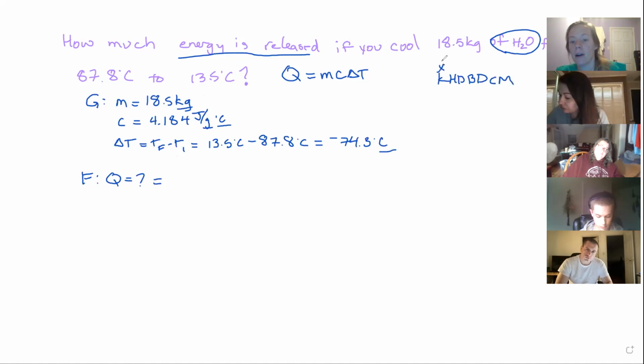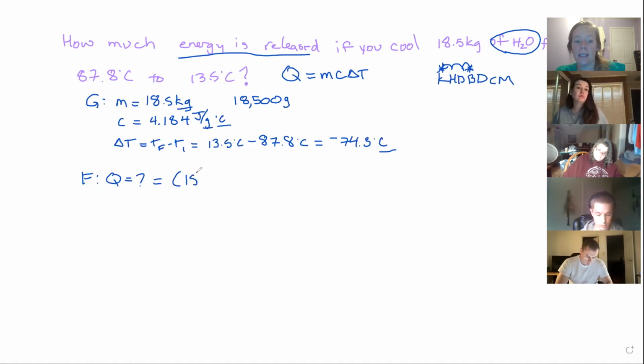We're starting at a kilogram. We want to go to the base unit of a gram. So we move the decimal over 1, 2, 3 hops to the right. So we add 2 zeros. So 18,500 grams.